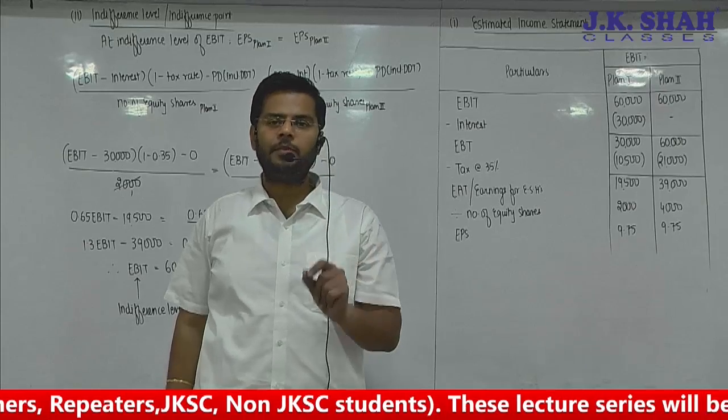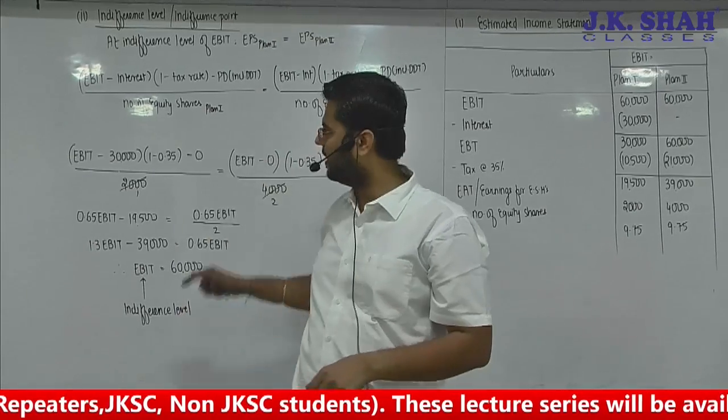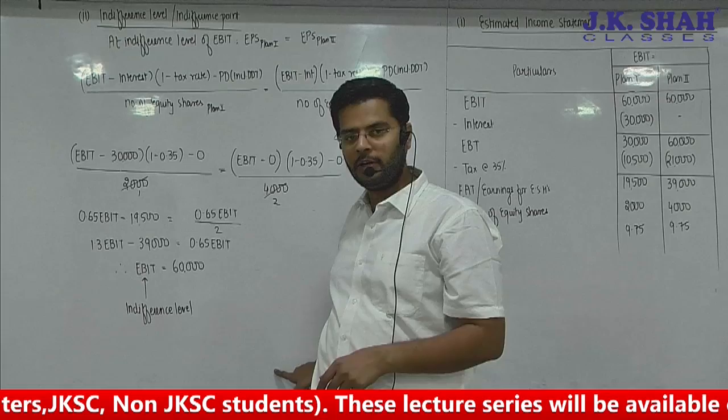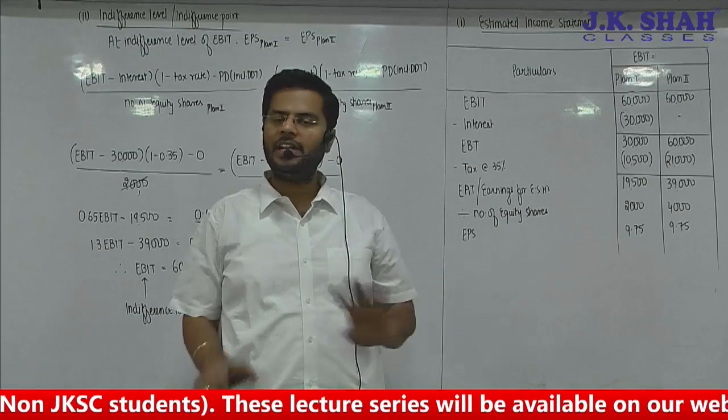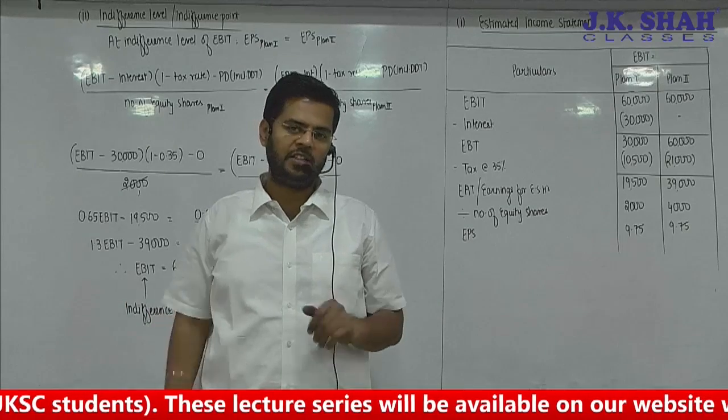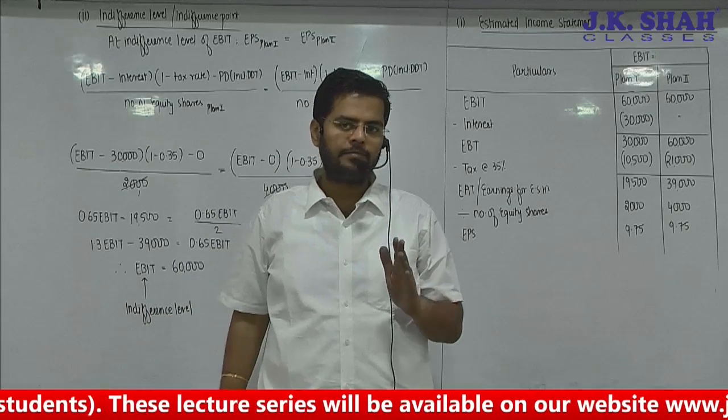In exam, if they ask you to calculate indifference level, this is the way in which you will calculate. And if they tell you to verify the result, then only you verify, else there's no need to verify the result. Is it okay?